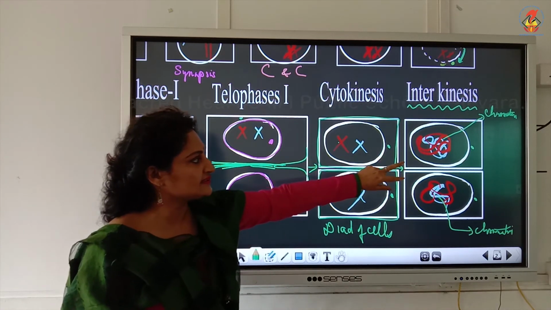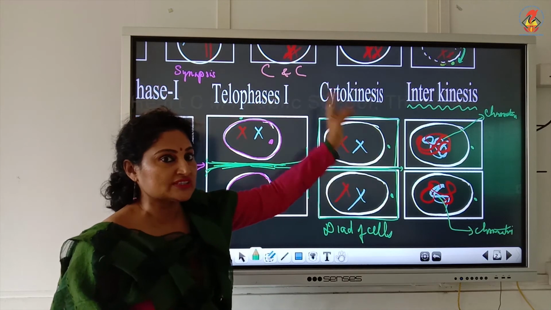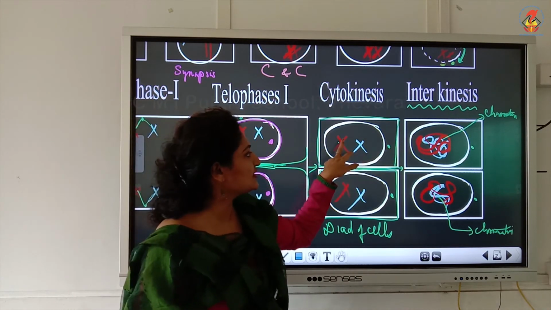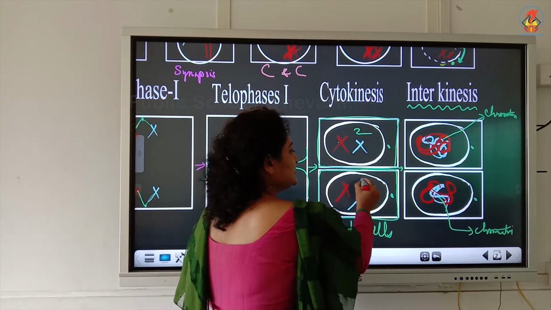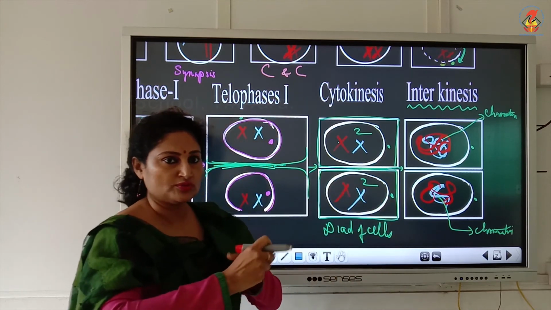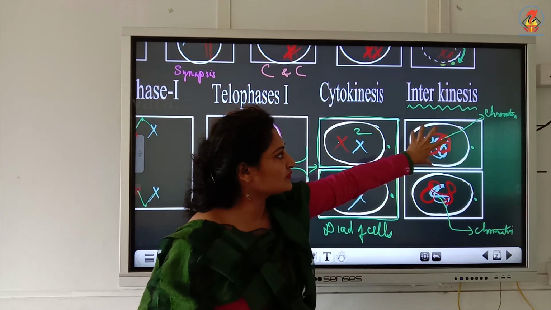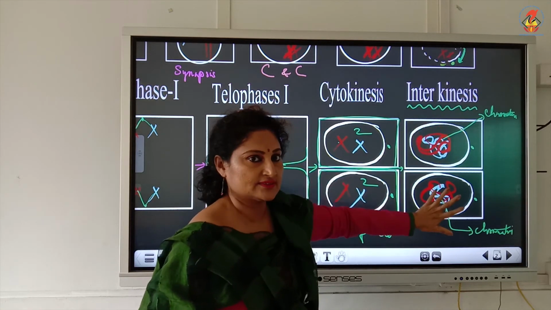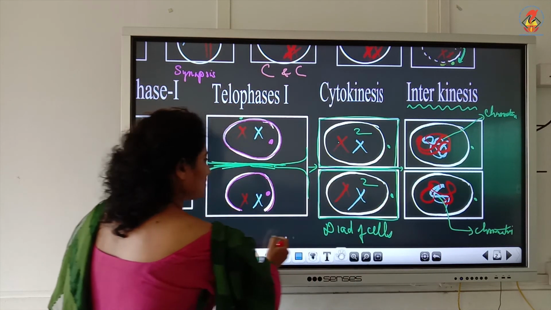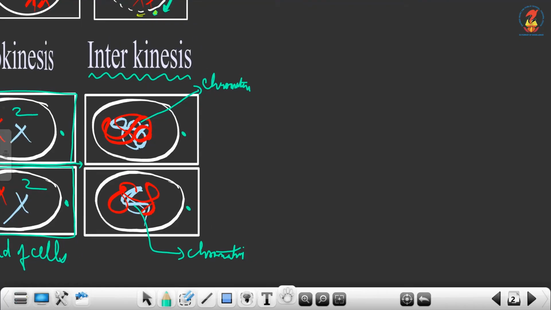There are two cells with two chromosomes. We start with 4 chromosomes, but now when you see, there are only 2 chromosomes in each cell, and these 2 chromosomes get elongated and entangled, okay, to form 2 interphase cells. So we have 2 daughter cells produced.